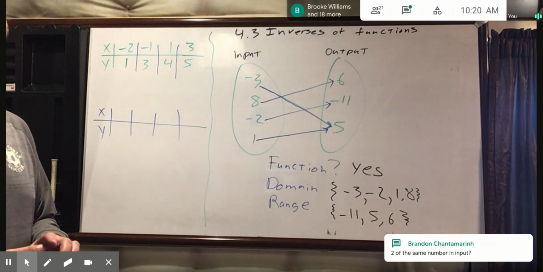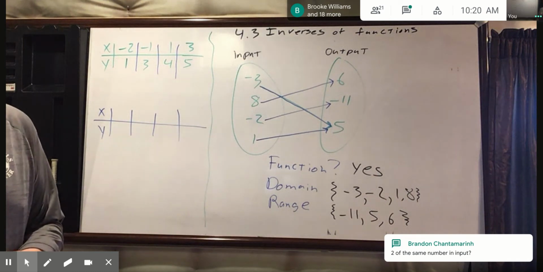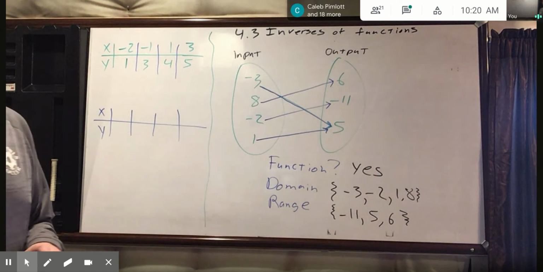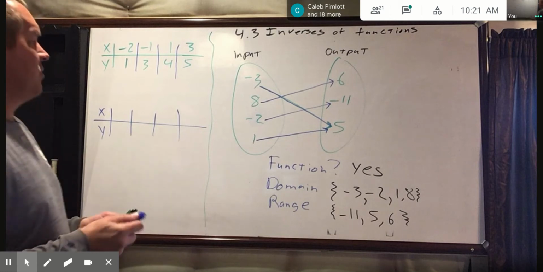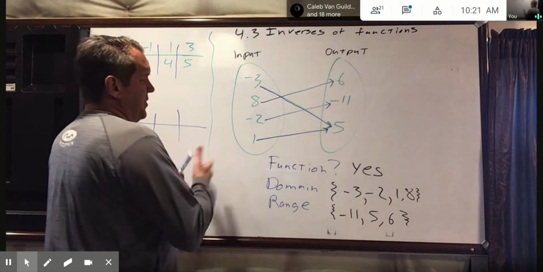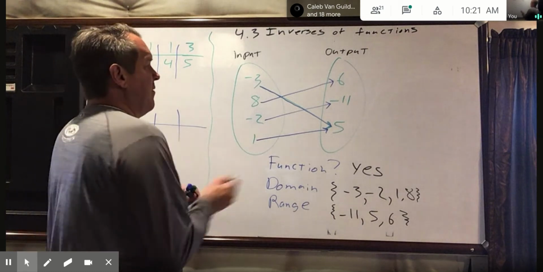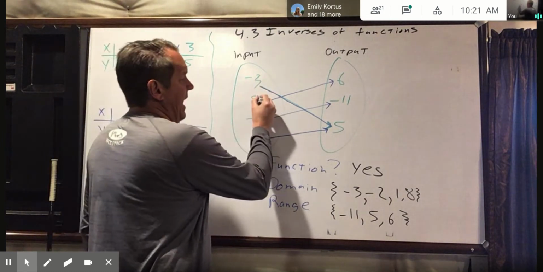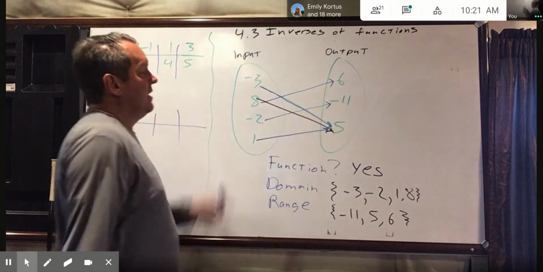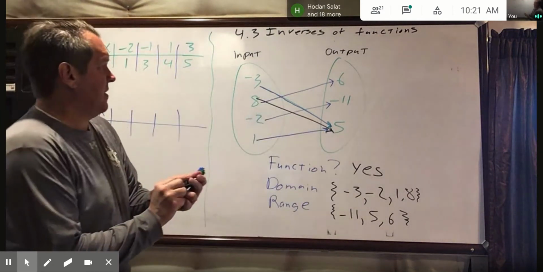Anybody want to shout it out? All right, got a chat. Yep, Brandon's got it. If I took any one of these numbers and drew a second arrow, that would make it not a function. So, for example, if 8 also went to 5, 8 going to 2 spots would make it not a function.